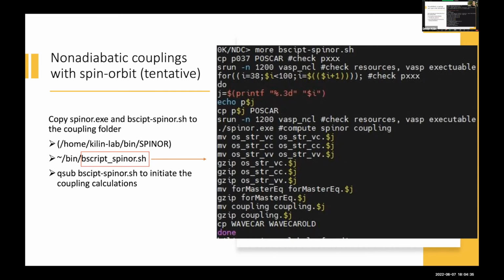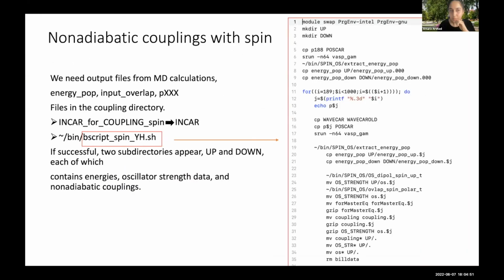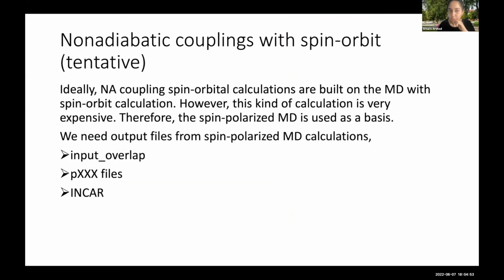You mentioned we have to do this spin-polarized calculation first. Are you saying we have to do the calculation from this last slide before the previous slide's calculation? For the spin orbital?